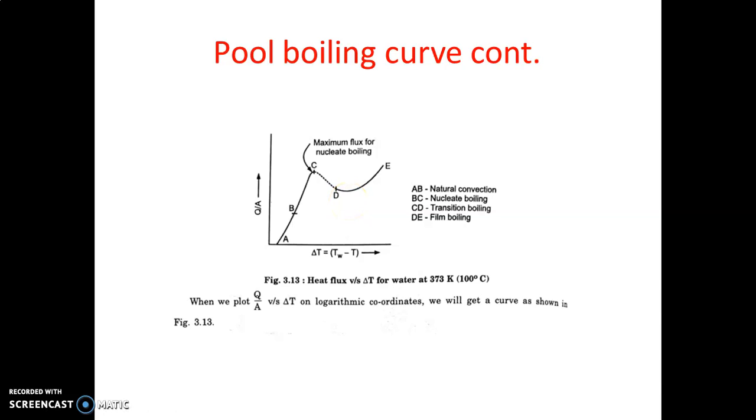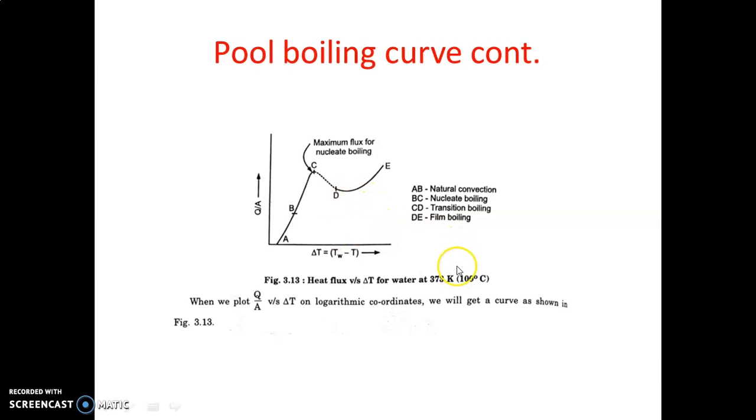During this boiling, the production rate is so large that the bubbles coalesce, that means they mix with each other and form an insulating layer, and this layer is unstable, therefore the heat flux is decreased.